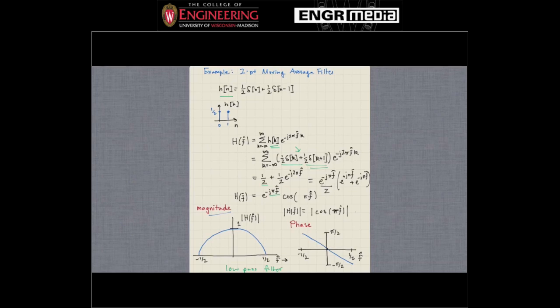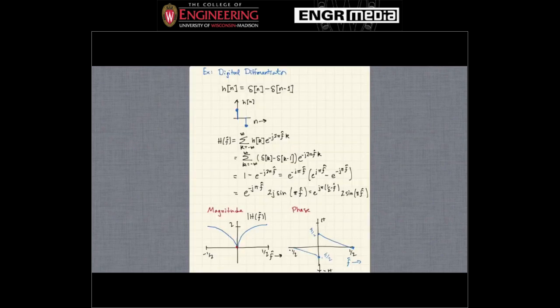It's just a plot of minus pi f. Remember, if we have e to the j theta, the phase is just theta. So that's all I'm plotting here. That's the phase of the filter. If we input a sinusoid, we can also use this phase plot to understand how the phase is affected by the filter.